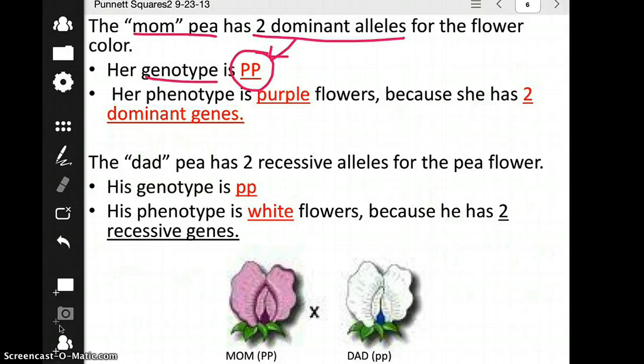Okay, so, and her phenotype is purple. And it's purple because she has 2 dominant alleles. Remember, if you have a dominant allele, that dominant allele is going to take over, and whatever that dominant allele is for, it's going to get expressed. So because purple is dominant and she has 2 dominant alleles, she's going to be purple.